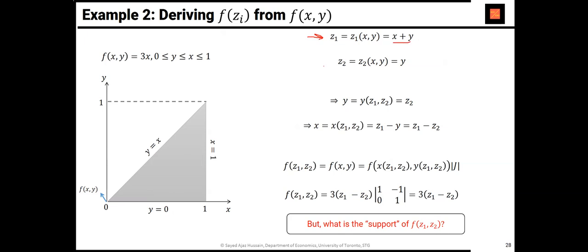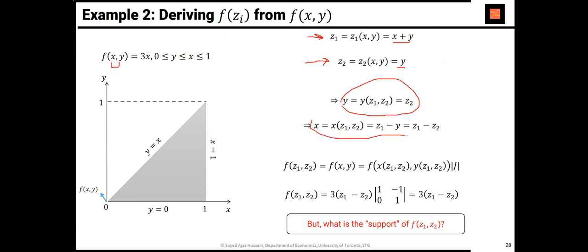If they don't tell you anything else, which is probably what's going to happen in the test, you then have to invent a brand new variable because you have two random variables here. For me to use this trick, I need two more random variables. So why not just define z2 to be equal to simply y? I can then express y in terms of z2. I just did this 2 seconds ago.